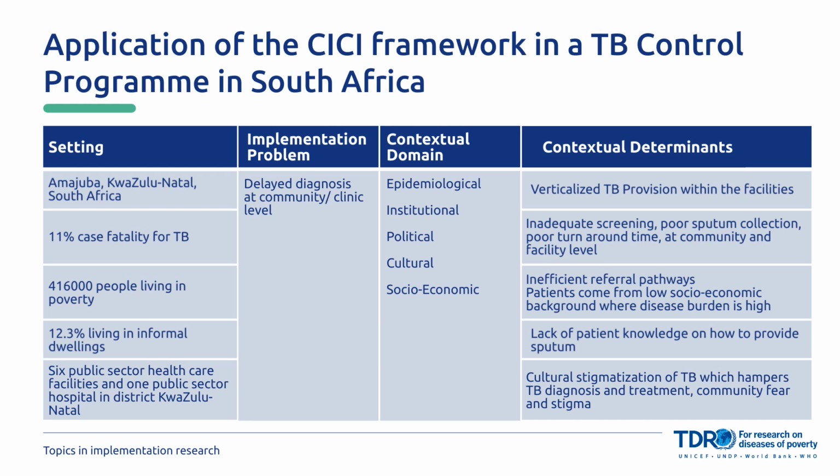Similarly, at the meso level, which would be at a community or organization level, the issue was around inadequate screening, poor sputum collection, test turnaround time, poor referral, and community fear and stigma. At the micro level, which is the place of intervention delivery, challenges were around poor collection of sputum, which resulted in rejected samples and delayed diagnosis at the facility.